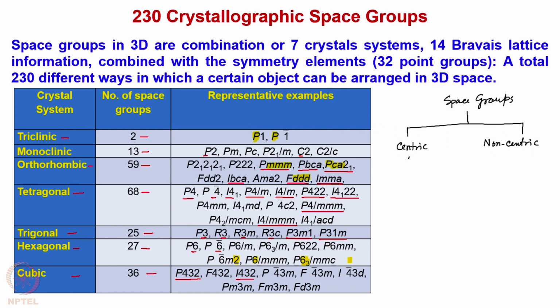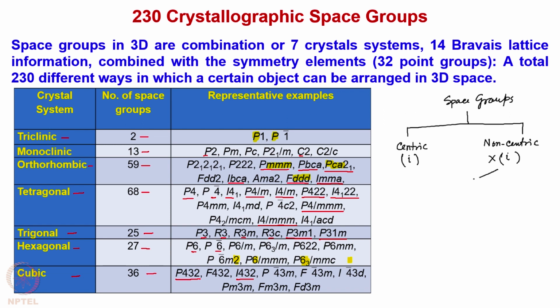Centric space groups will have an inversion center I, and non-centric ones will not have an inversion center. But then there are point groups which do not have I but can have a mirror plane. For example, PM, PC, CC, these are non-centrosymmetric. Similarly, P2, P2121, P222 are also non-centrosymmetric but without mirror planes.